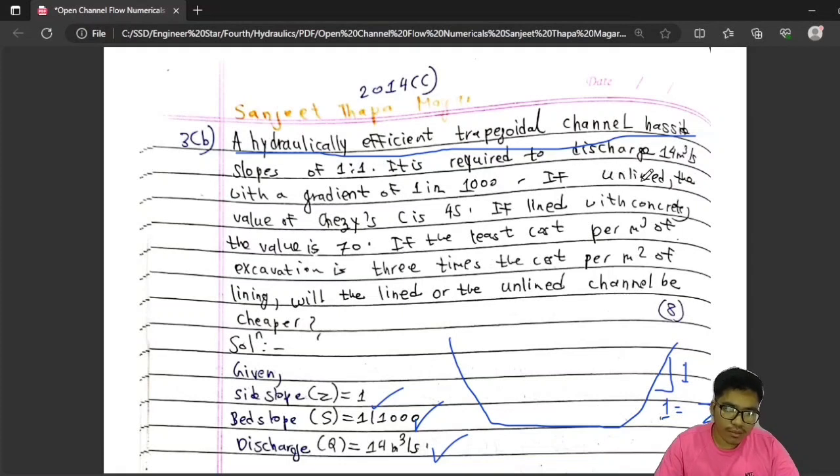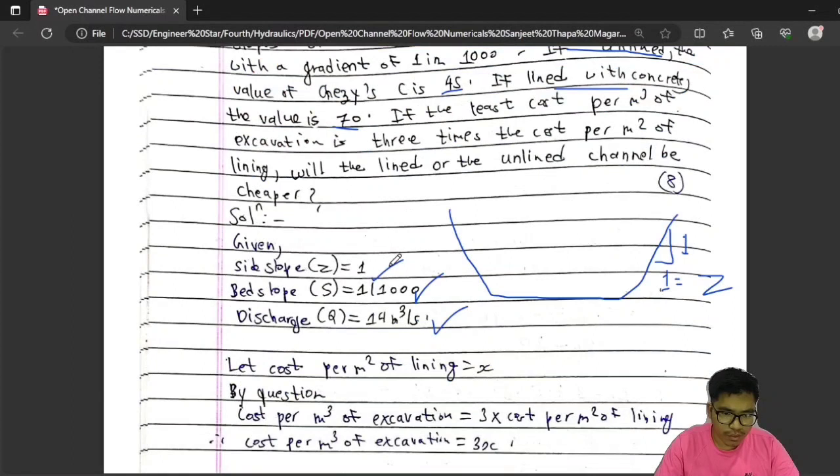If unlined, there are two cases. One is this unlined case, where the value of C is 45, and lined with concrete the value is 70. So there are two cases. If the least cost per meter cube of the excavation is 3 times the cost per meter square of lining.